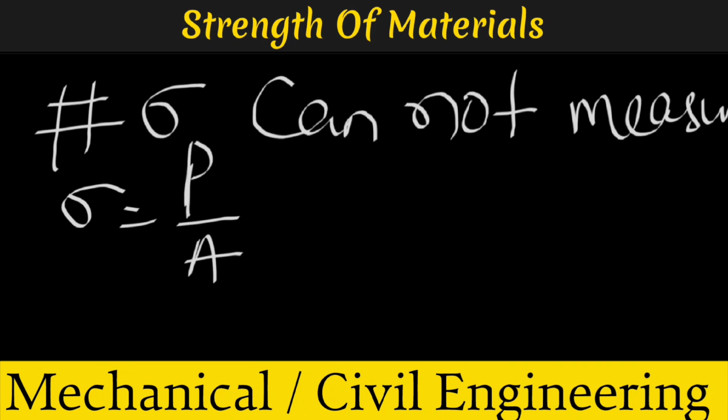I know stress has the formula, but stress is not a measurable quantity. There is no device made till now to measure the stress of a body. Okay, so this is not measurable, we can say.